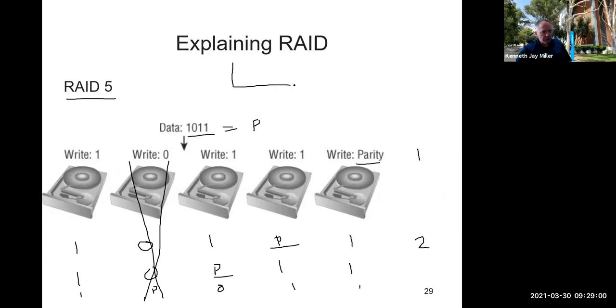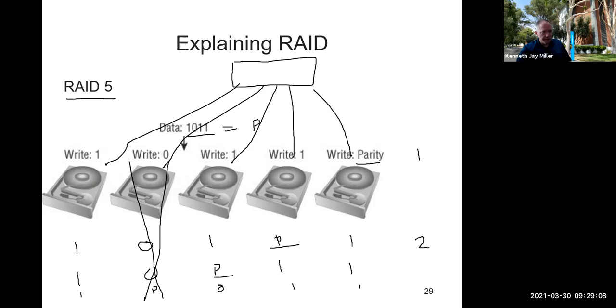We have our controller card here, and then each one of these disks is connected to the controller card. So if this disk fails, the controller card can calculate what's missing on the fly, but the performance will go down.